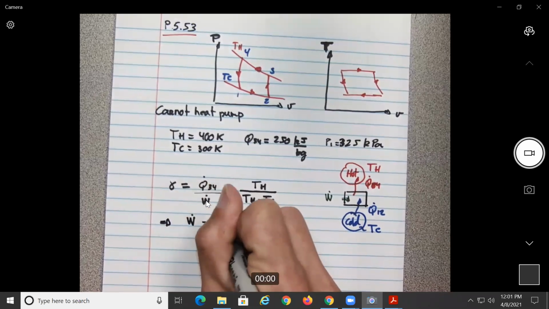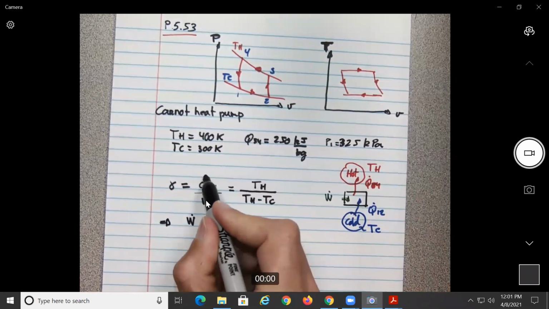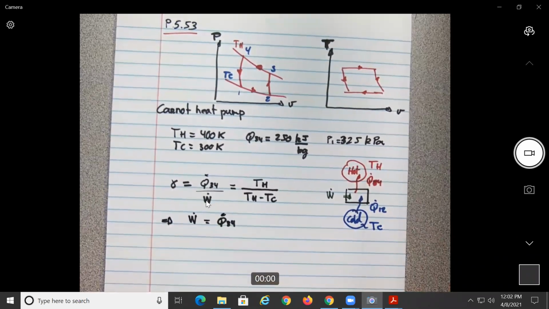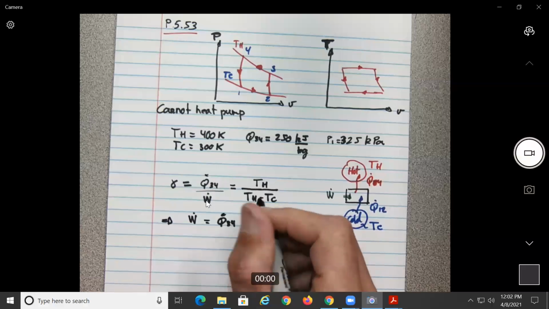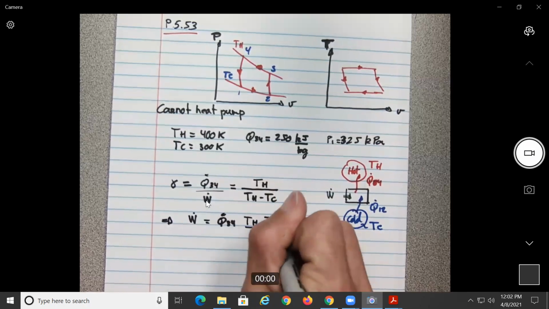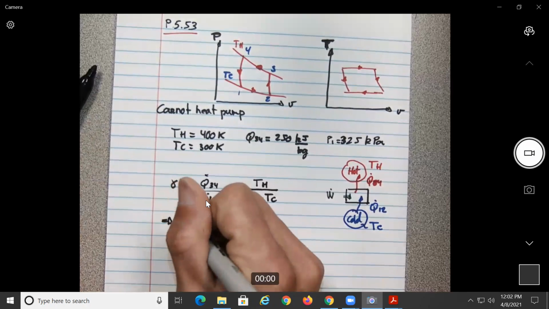Q dot, or Q34 is not Q dot, it's Q34. This is a closed system, Q34 times what? TH minus T cold divided by TH.